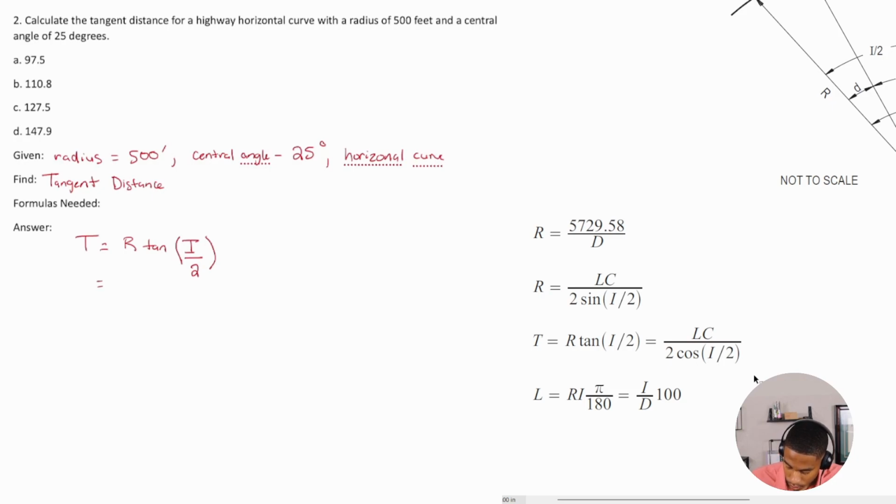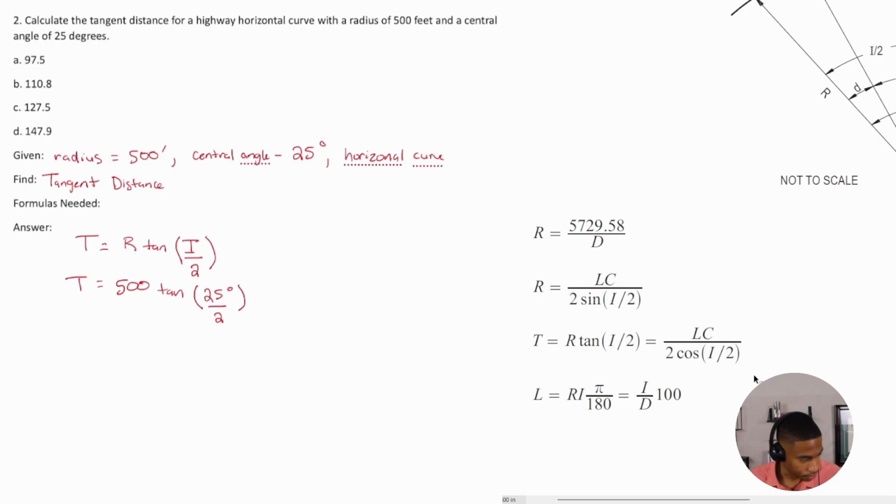So T is equal to 500 tan. What's our I? 25 degrees divided by 2. Okay.